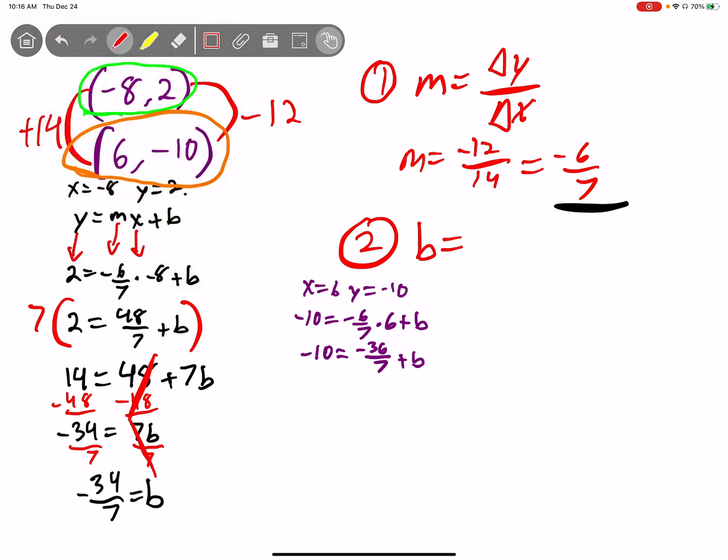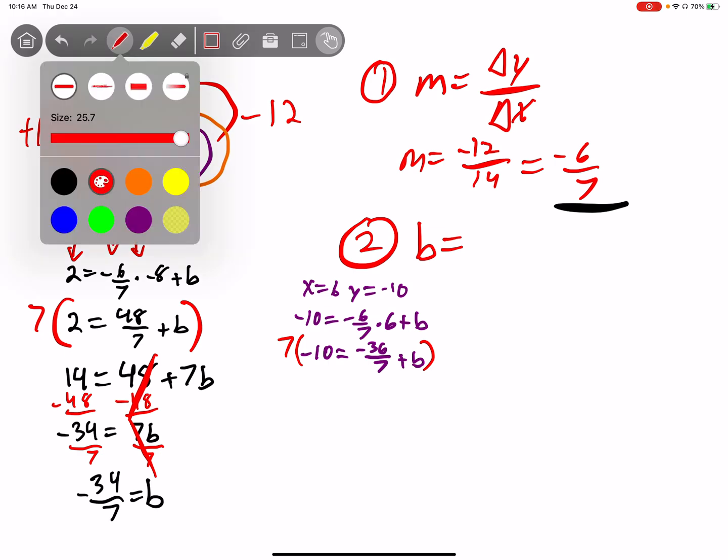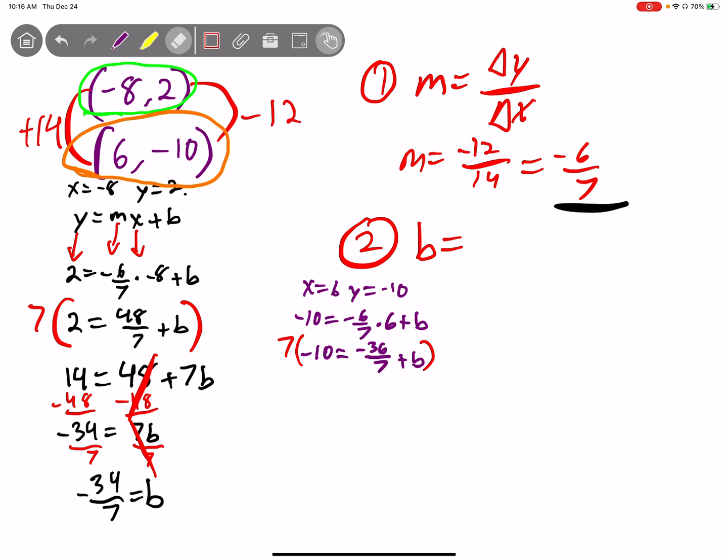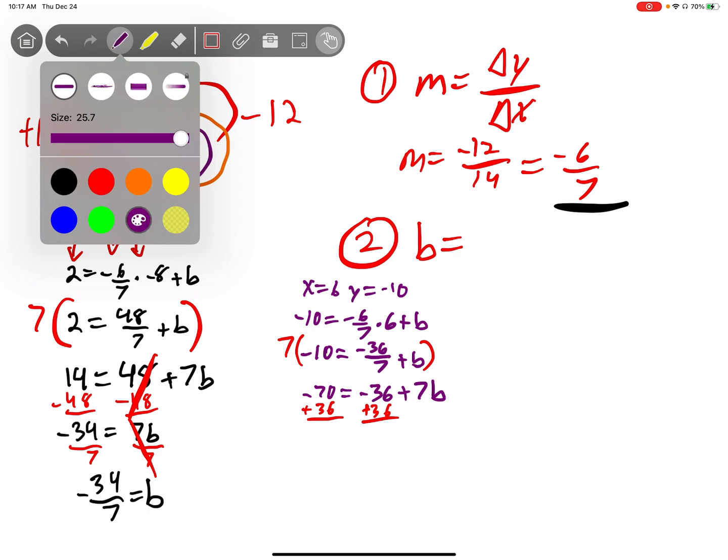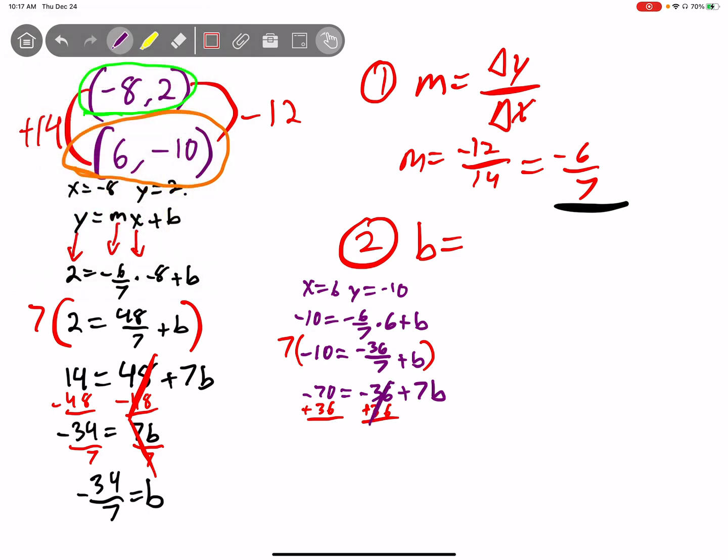I want to get rid of my fraction again. So I'm going to multiply everything by 7. Was I using purple? 7 times negative 10 gives me negative 70. 7 times negative 36 over 7 just gives me negative 36 plus 7b. Now I'm going to add 36 to both sides. These cancel out.